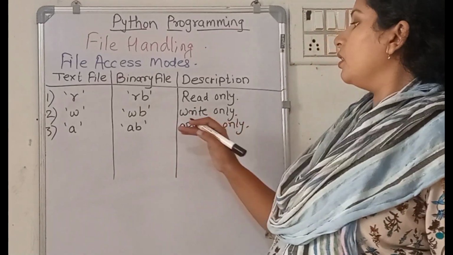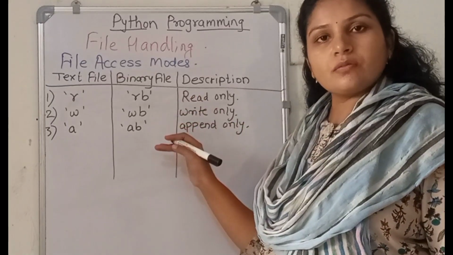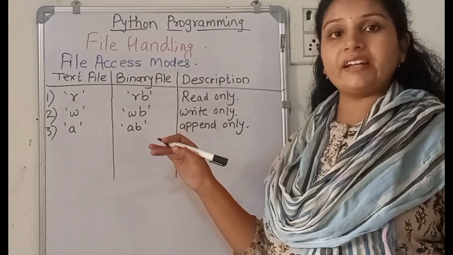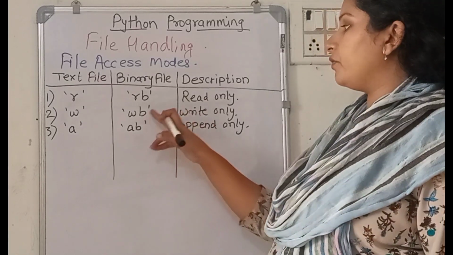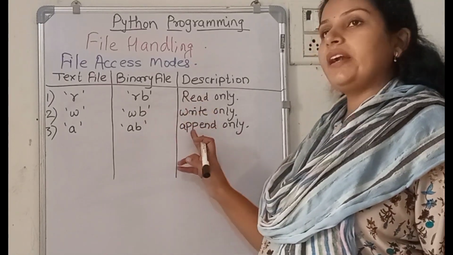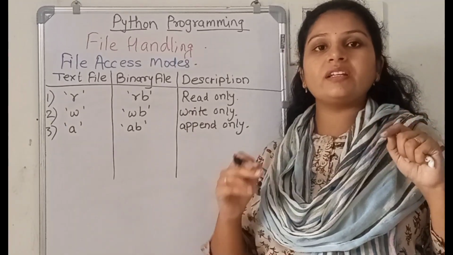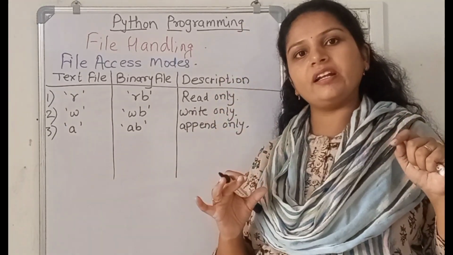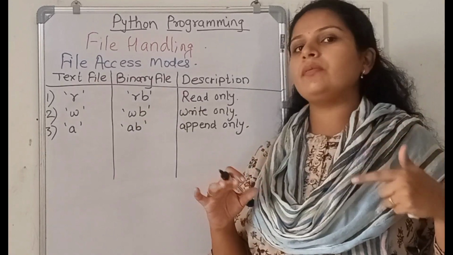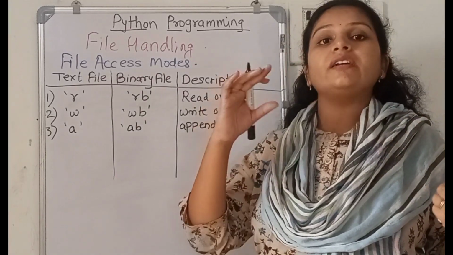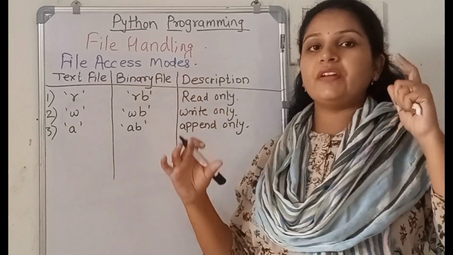Append only. In this mode again we can write content to the file, but the difference between write only and append only is that with write only you can write new content to the file. Every time you open the file, you write the new content and the previous content.